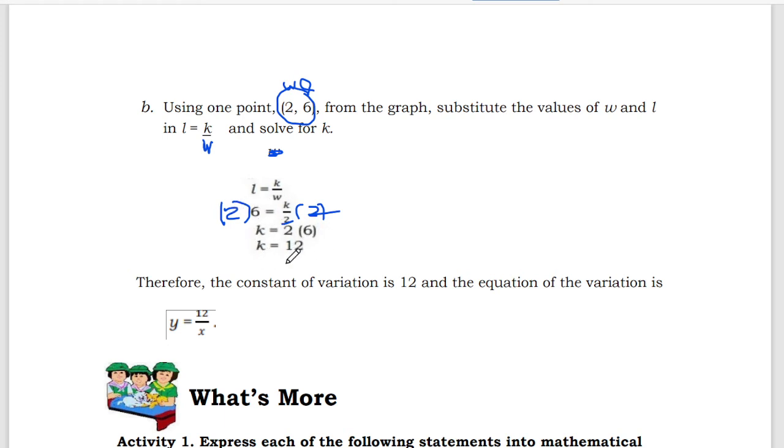Therefore, the constant of variation is 12. And the equation now is, it should be L, not Y. This must be L equals 12 over W. This must be the equation.